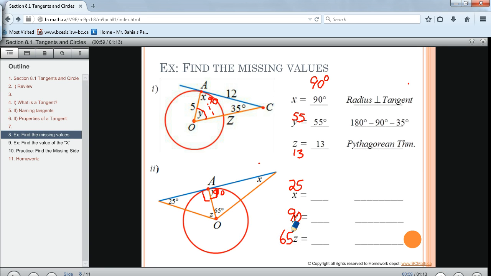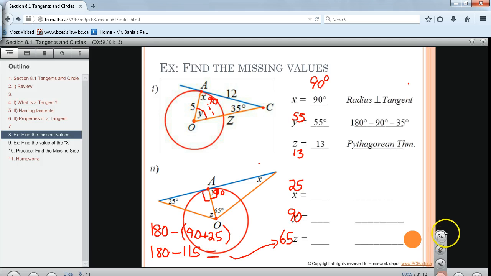Trust me. Okay? So again, if you're not really getting what I'm saying here, there's the triangle. We know the whole thing has to add to 180. We know that that's 90. We know that's 25. So what's 90 plus 25? 115. 180 minus 115 gives you, trust me, 65.